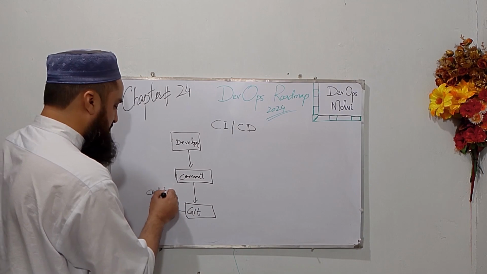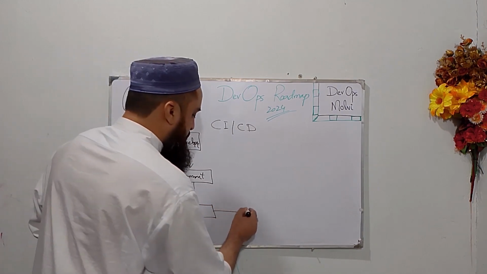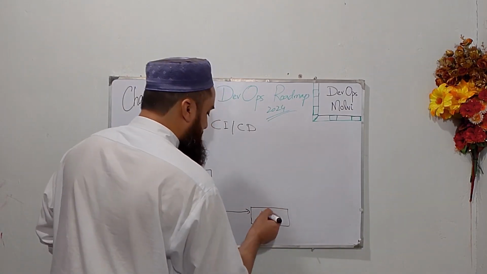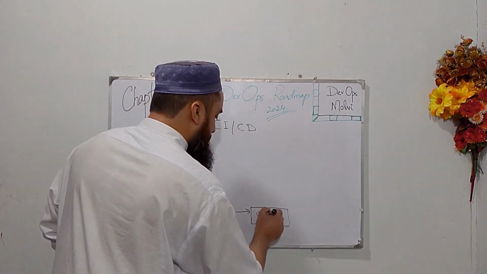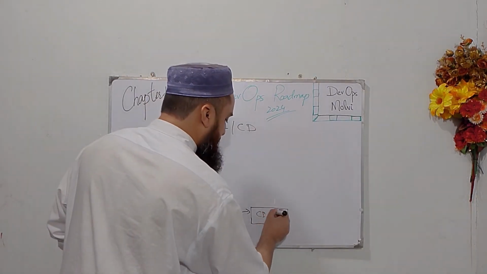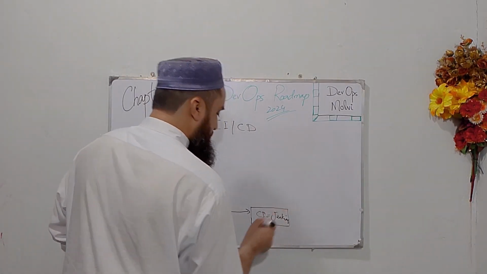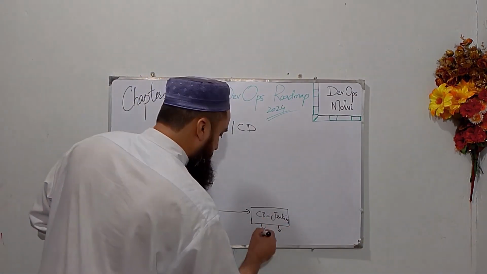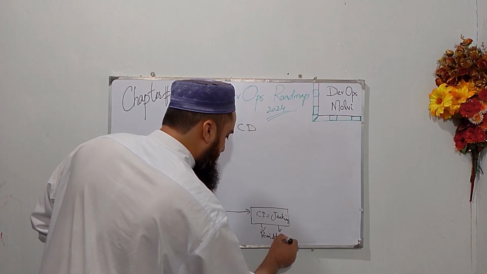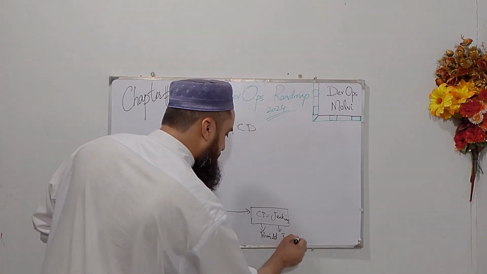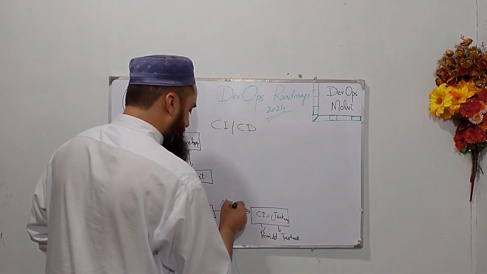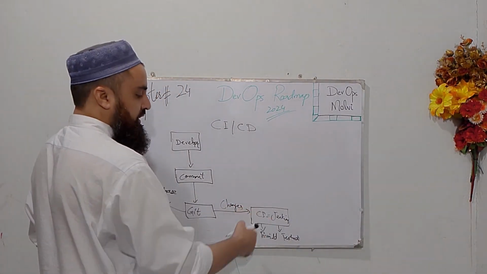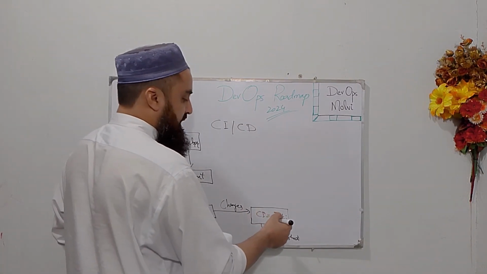That code is automatically detected, or the changes are fetched, by our continuous integration tool like Jenkins, and that code is built and tested. The changes are detected by our continuous integration server, which is Jenkins.